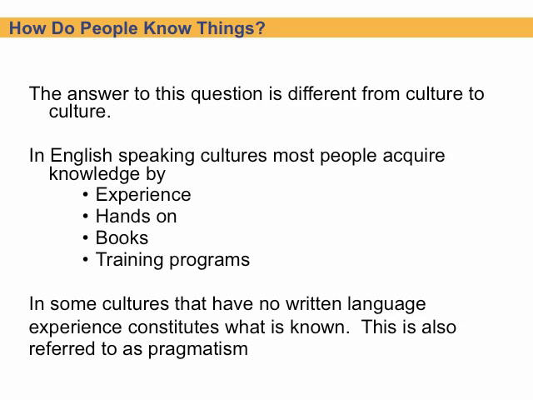Through books in the English language and Western cultures, and through training programs is a lot of the ways that we acquire knowledge. In some cultures, though, that have no written language, experience constitutes what is known, and tradition is passed down orally. This is also referred to as pragmatism.